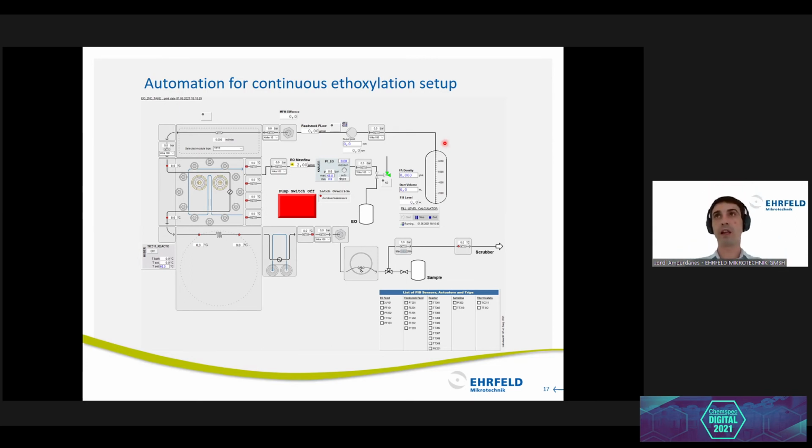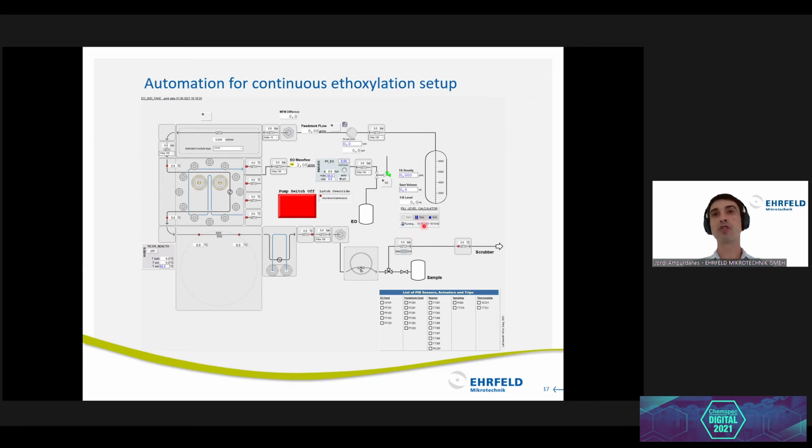Some other contributions coming from the automation are, for example, the perfect control of the flow rates, as I said before, the possibility of setting the right reaction temperature through the thermostats, and controlling the filling level of the feedstock vessel in this case. So always knowing the amount of feedstock left, because as I said before, it's always important that EO is not reacting if there is no flow of feedstock.